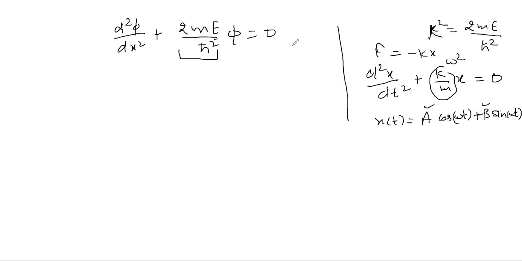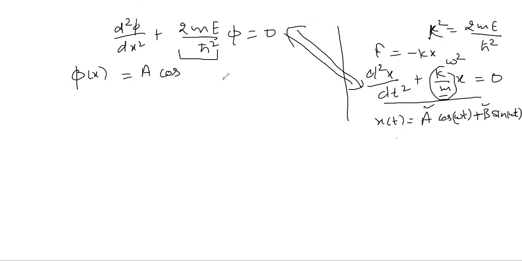Similar is the case here. You can definitely compare these two equations now. If the solution of this equation was given by this expression, that means the solution of this equation would be given by a cosine of omega.